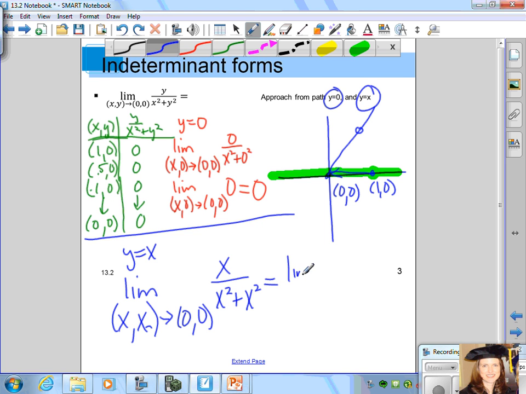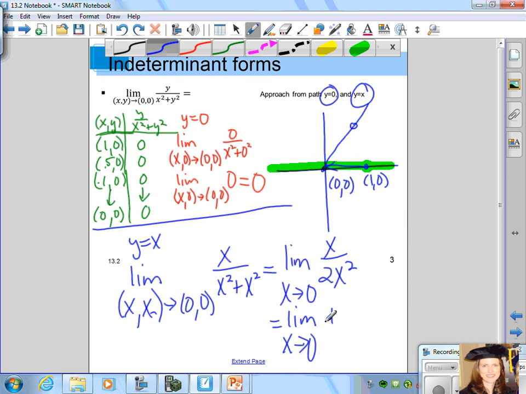Since we only have one variable here, we can change it to a limit of a single variable, x divided by 2x squared. This can be further simplified to the limit as x approaches 0 of 1 over 2x. Now if you plug in 0, you get 1 over 0, which is undefined.